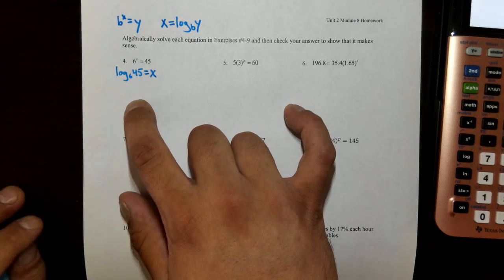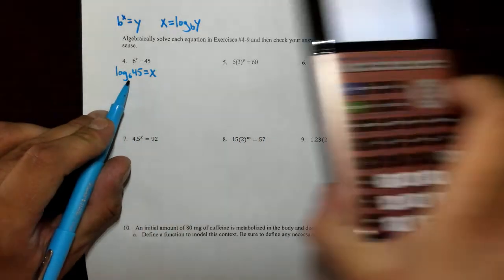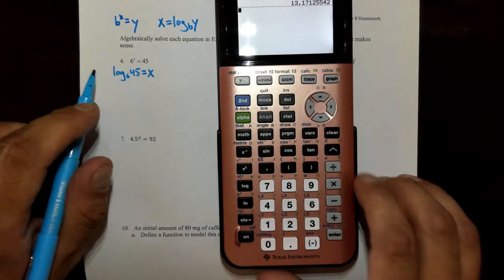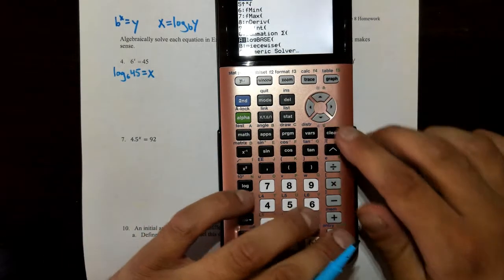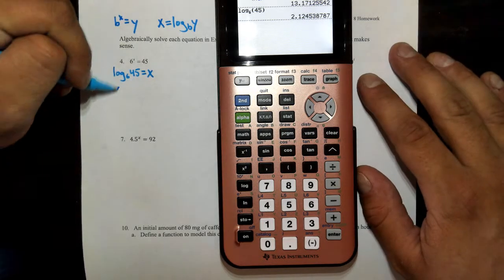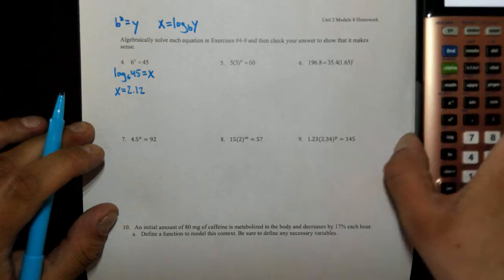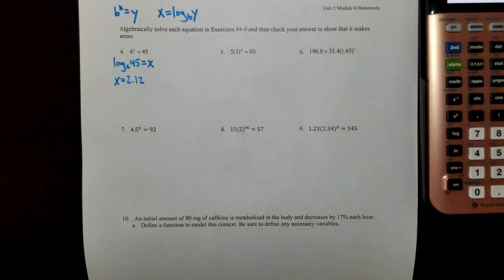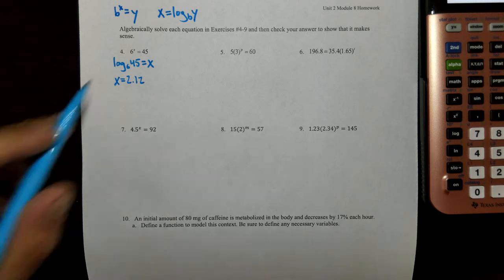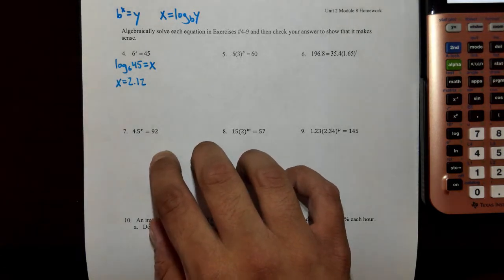And so yeah, we just solved it algebraically. Let's put this into the calculator just to kind of see what we got going on here. So we have x is equal to 2.12. Now, to check our answers, we can use what we did earlier. We can think, okay, what does the different power of 6 give me?